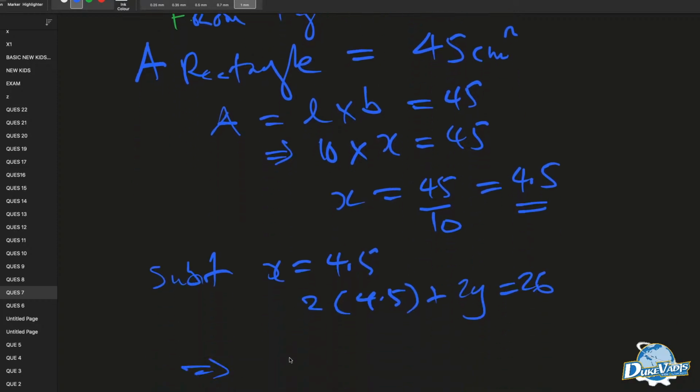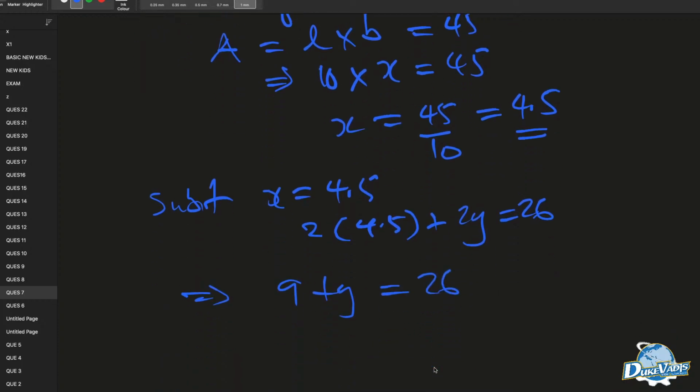So 9 plus 2y equals 26. Then 2y equals 26 minus 9, so y is equal to 26 minus 9 over 2.